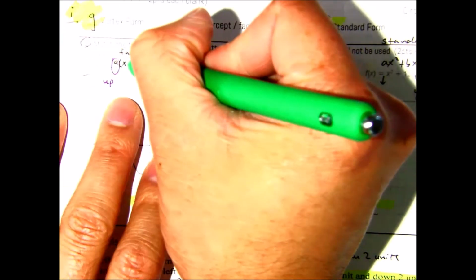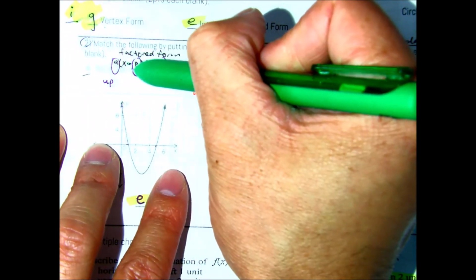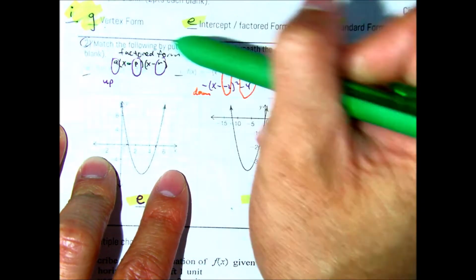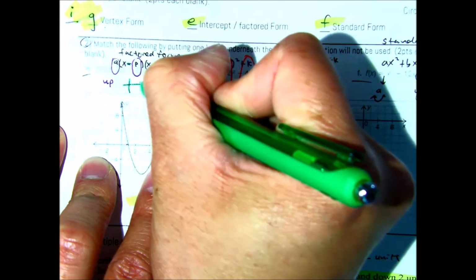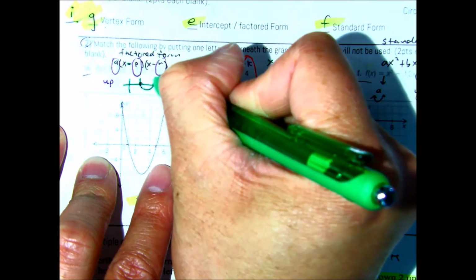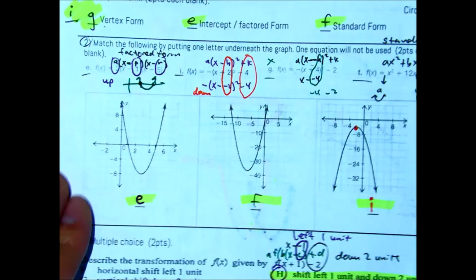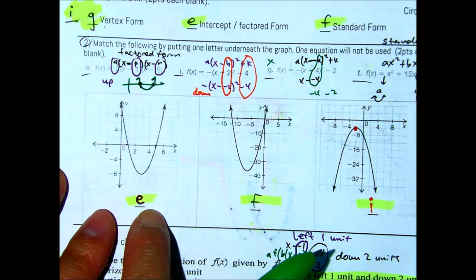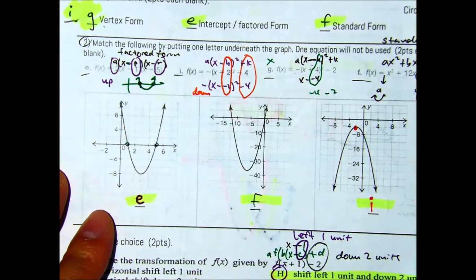The big idea here is to identify that without the minus sign, your p value here is a positive 1, and your r value is a positive 5. So it's going to be on this side of the x-axis, and your a value here is positive, so your concavity or graph is opening up, and that would match this graph. You have a 1 and you have a 5, and it's pointing up.